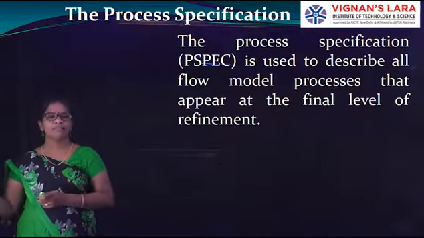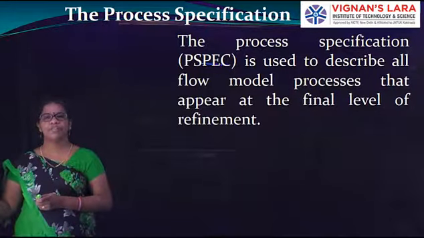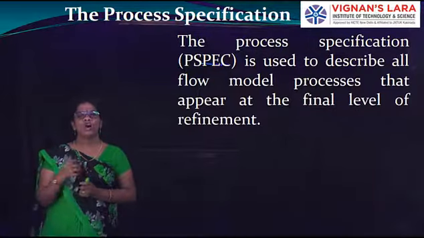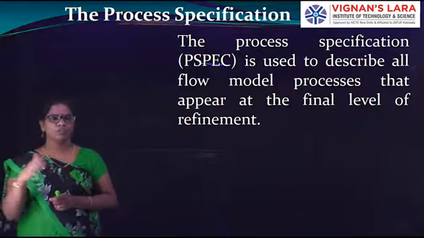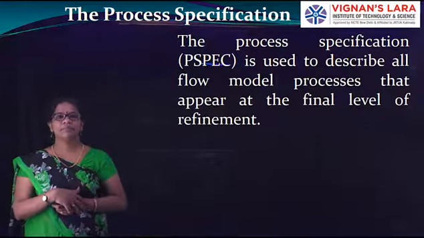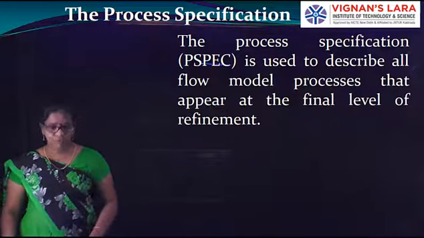In CSPEC we have done the state diagrams. In the PSPEC, we describe all the flow model processes that appear at the final level of the refinement. So let us go to the next.